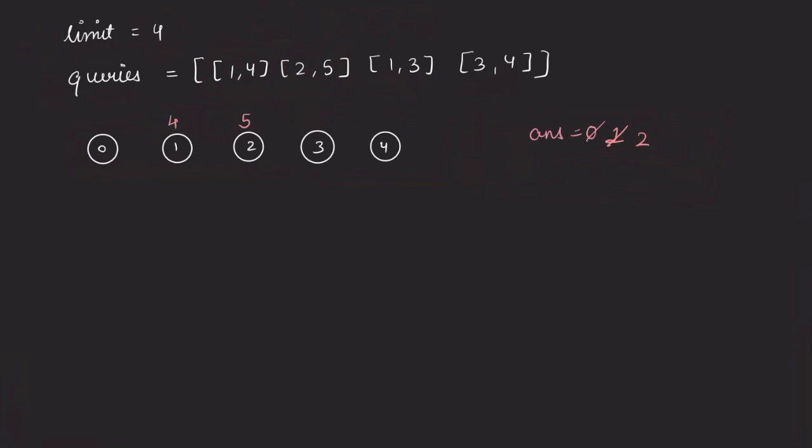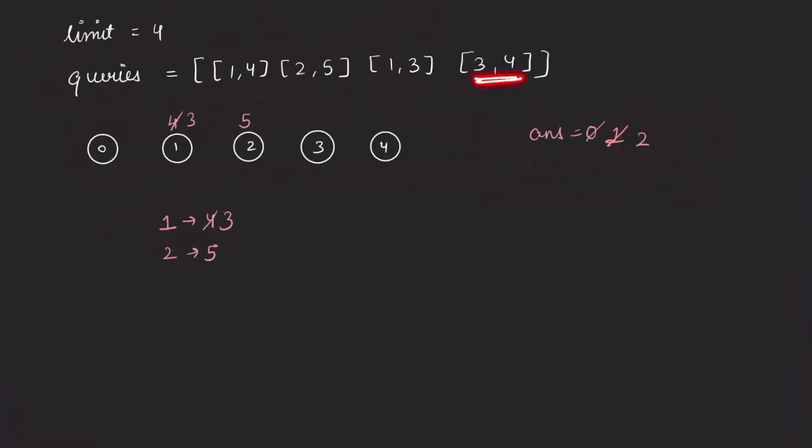Suppose I have the mapping that to the ball 1 I have a color of 4, to the ball 2 I have a color of 5. Then whenever I have this query, I can check whether ball 1 is already colored or not. I will check that okay, ball 1 is already colored. So I will only update the color over here and I won't increment my answer by 1. So for this, the answer will remain 2 only.